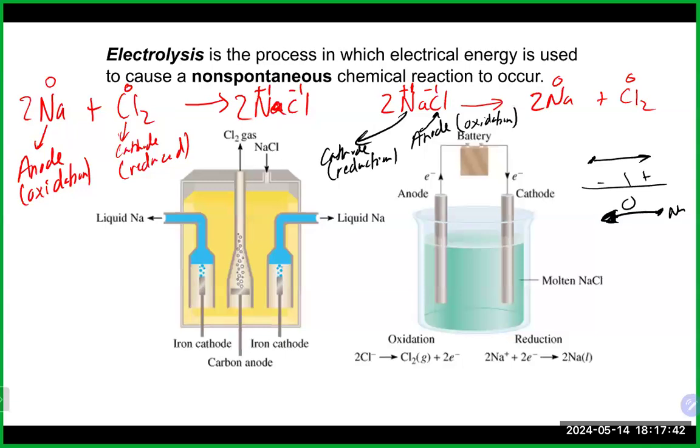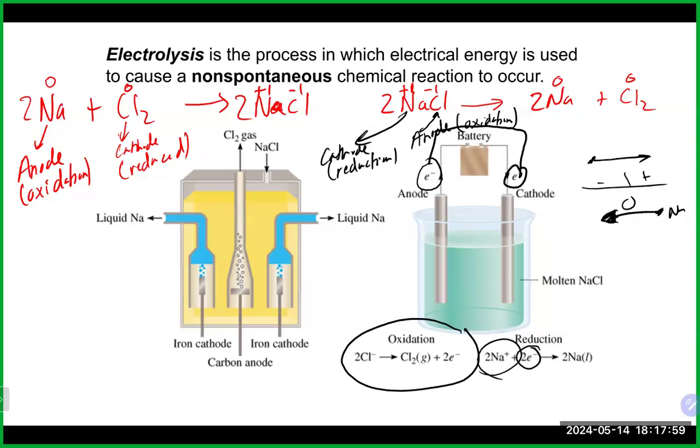So that's why, when we look at the oxidation half reaction, it is the chloride losing electrons and becoming chlorine gas, back to its elementary state. Electrons come over to the other side, where the electrons will join up with those sodium ions and reduce them back down, in this case, to a little bit of liquid sodium.